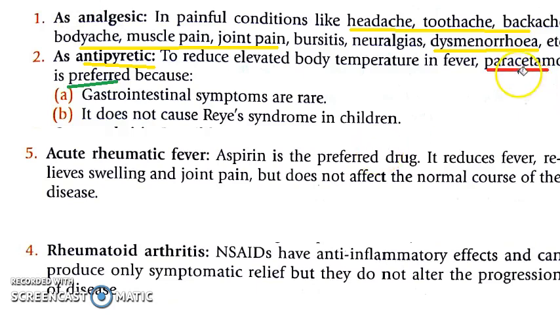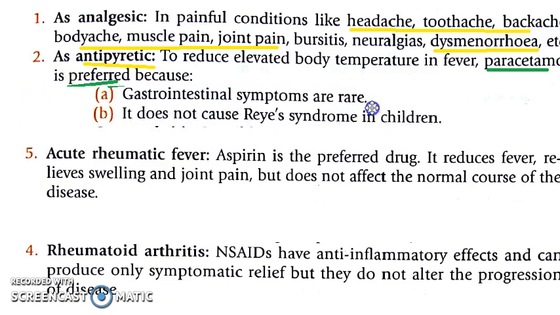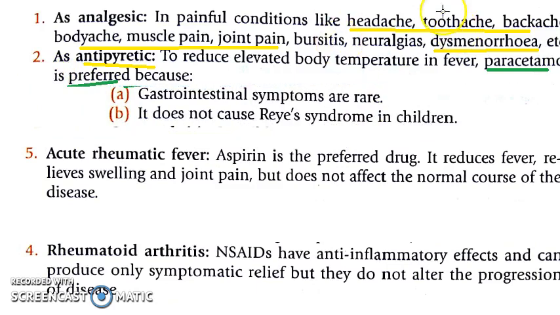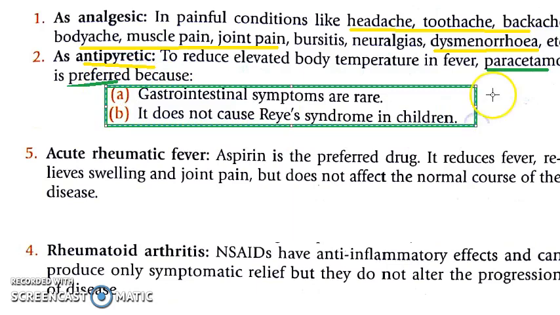Paracetamol is preferred because it will not have any anti-inflammatory effect, gastrointestinal symptoms are rare, and it does not cause Reye's syndrome. This is about paracetamol, so please don't get confused. Better use paracetamol for fever.